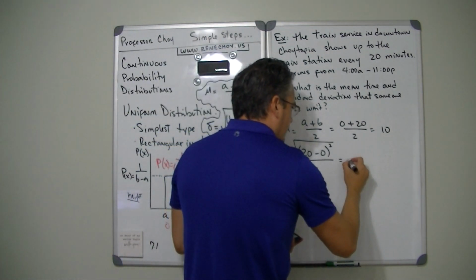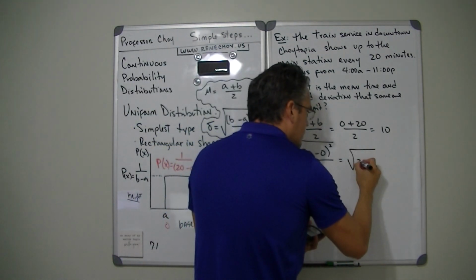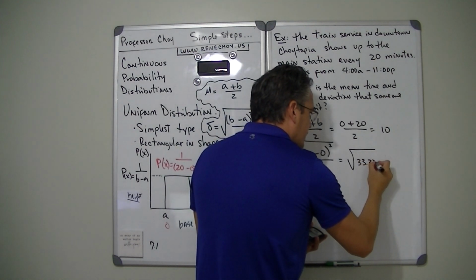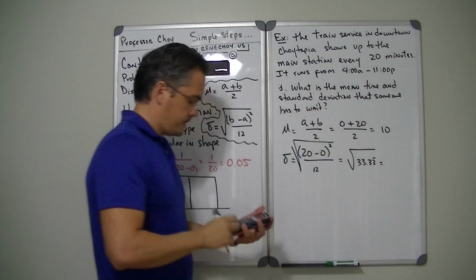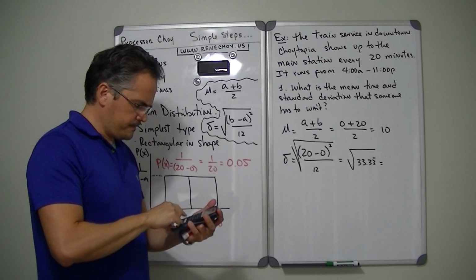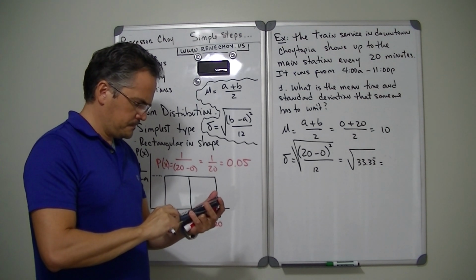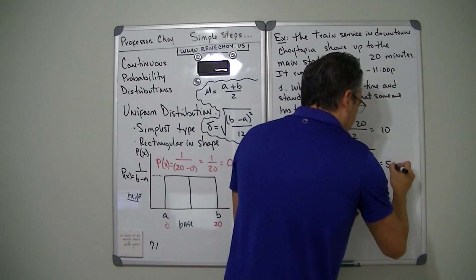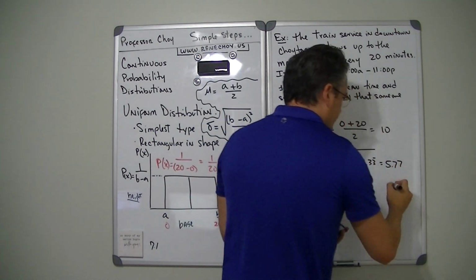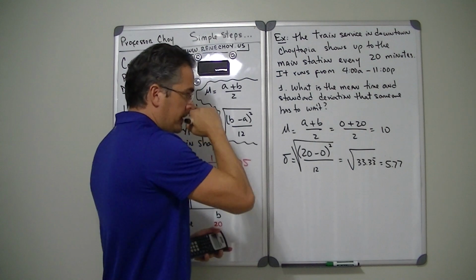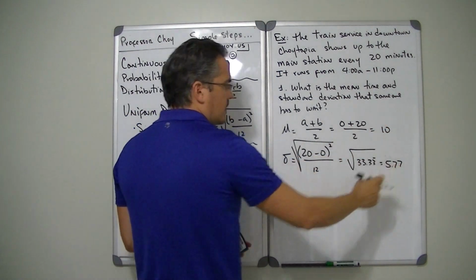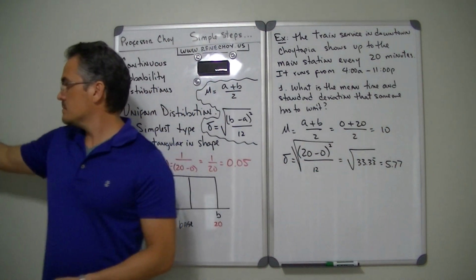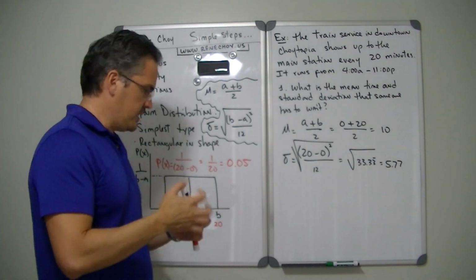Alright, so far I got 33.33. And then I gotta find the square root of that. And that is 5.77. Okay? So that is our mean and that is our standard deviation for this particular example.